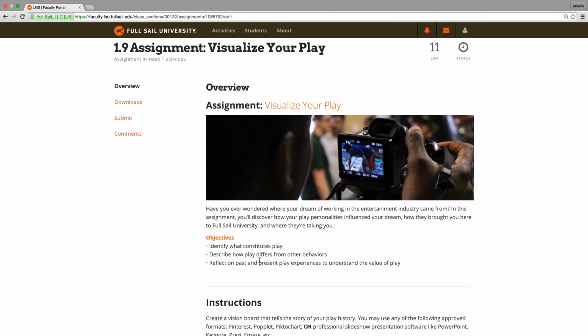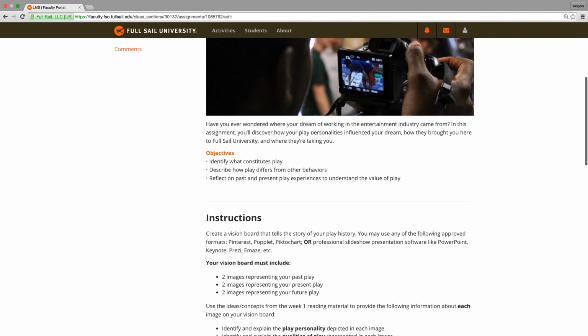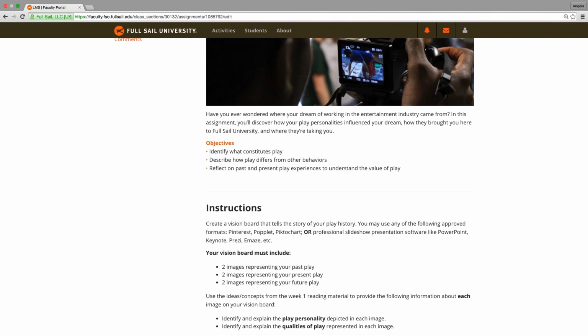Okay. And so when we're talking through our assignment, the whole point is for us to visualize what this looks like and to really think through what this means for you from when you were growing up to now to what you want to achieve in your goals. So the idea behind this assignment, Anne touched upon it a little bit in class today, so let's talk through it further, is essentially that you're going to be creating what would be similar to a vision board.